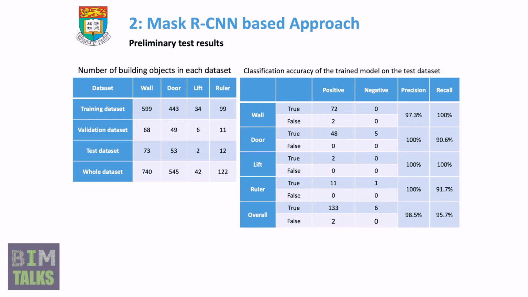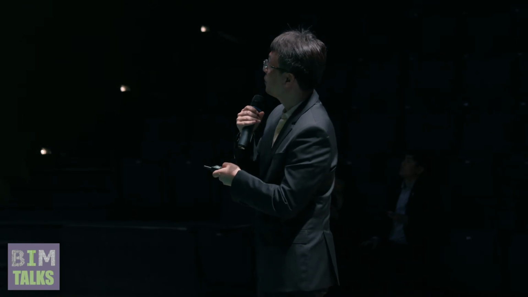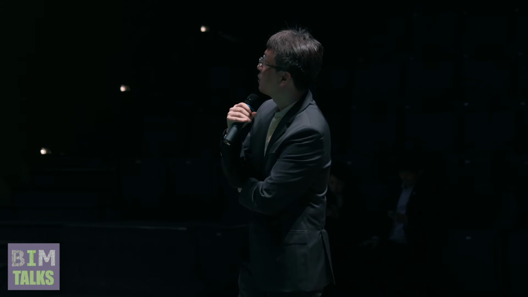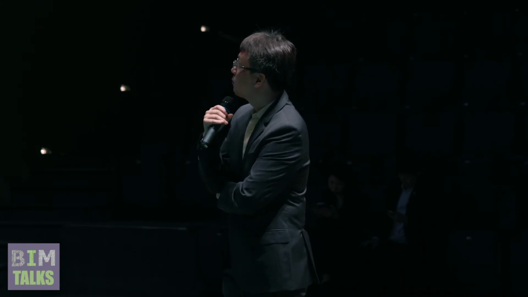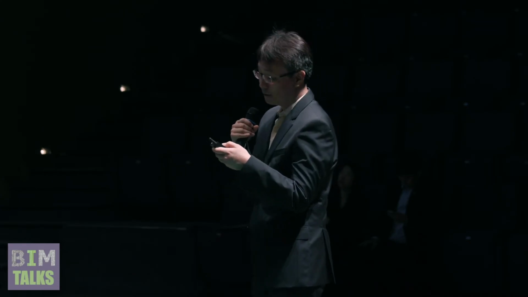And then when we put in these experiment images, we have pretty promising results. So for walls, about 97.3% accurate. Doors, lifts, rulers, no problems. And overall, 98.5%.